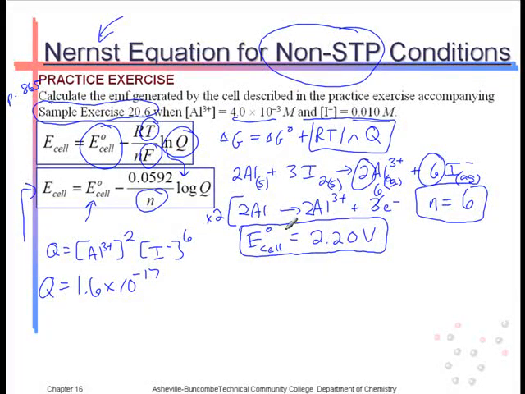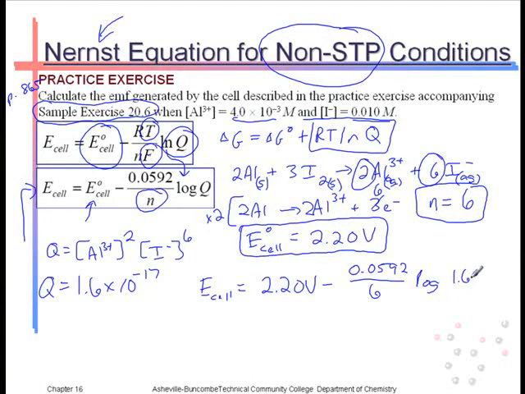They do it the same way we've been doing it over and over again. We take the standard reduction potentials from the tables to figure out this calculation. And then once we have those components, we just plug them in. And then the log base 10 of 1.6 times 10 to the minus 17.